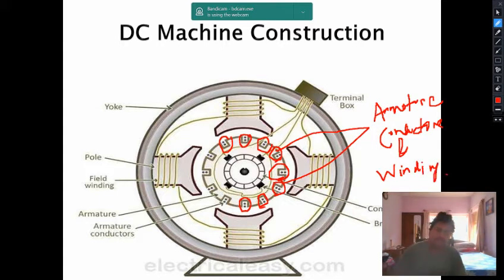So what is an armature winding? When two or more armature conductors are connected, it will form an armature winding.